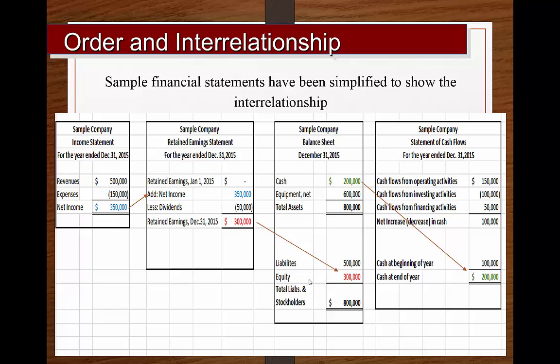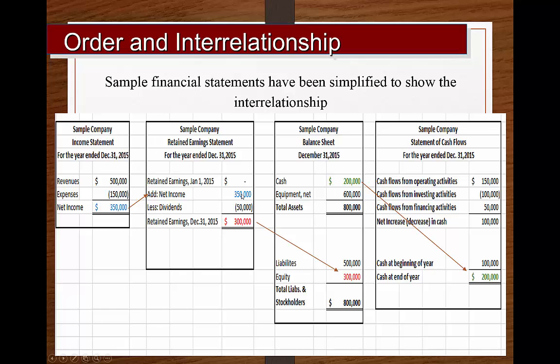So the last slide I'm going to go over is really going to point out the interrelationship between all 4 of those statements and point out why we prepared them in the order that we did, because we really need to have one number from the previous statement in order to complete the next statement. So the first financial statement was the income statement, where we solved for the net income during the period.